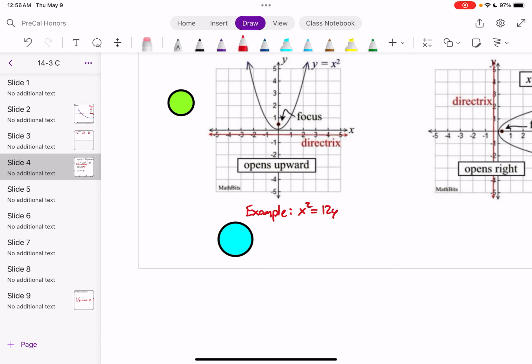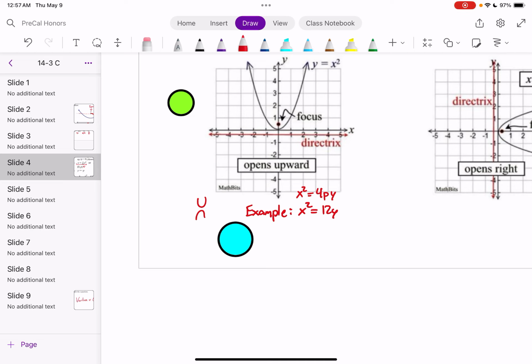Here this says x squared, so instantly we know that this would be an up or down movement based off that alone. We're going to compare it to our actual equation, which is x squared is equal to 4py. Notice x squared and x squared mimic from our standard to our example problem, and so does the y. The only part that is left over is the 4p is equal to the 12 itself.